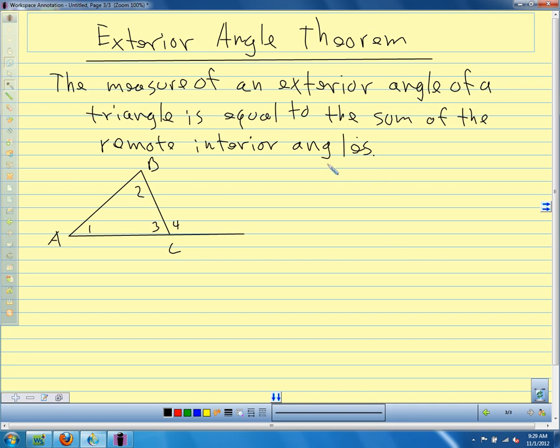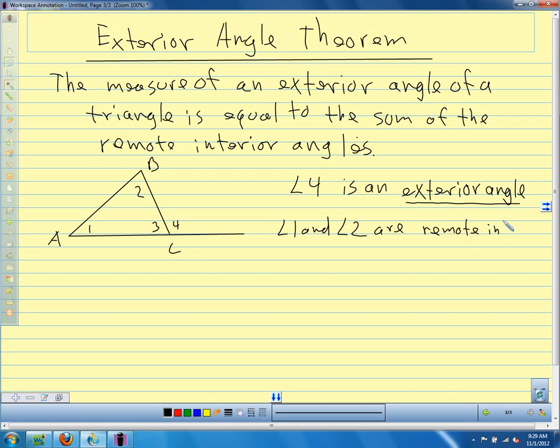Angle 4 is an exterior angle. So angle 4 is our exterior angle. Angle 1 and angle 2 are remote interior angles.